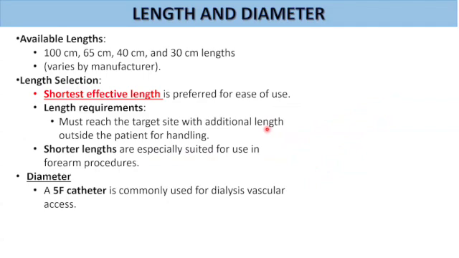But if you choose a longer catheter for a shorter access, the long catheter would be hanging out on the table and there are chances of contamination and the procedure would be more difficult. So the lengths most commonly used for our access procedures are 65 to 100 centimeter, and the diameter used is 5 French. Again, for catheters, diameter is the outer diameter, and for the sheaths, the diameter is the inner diameter.